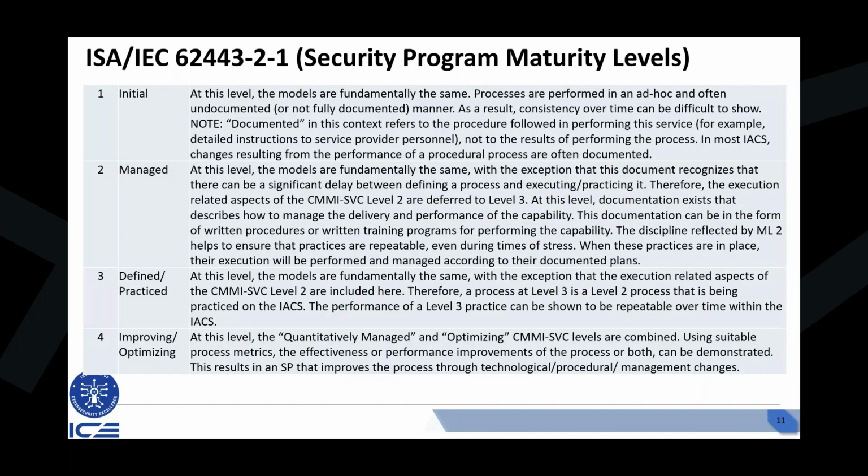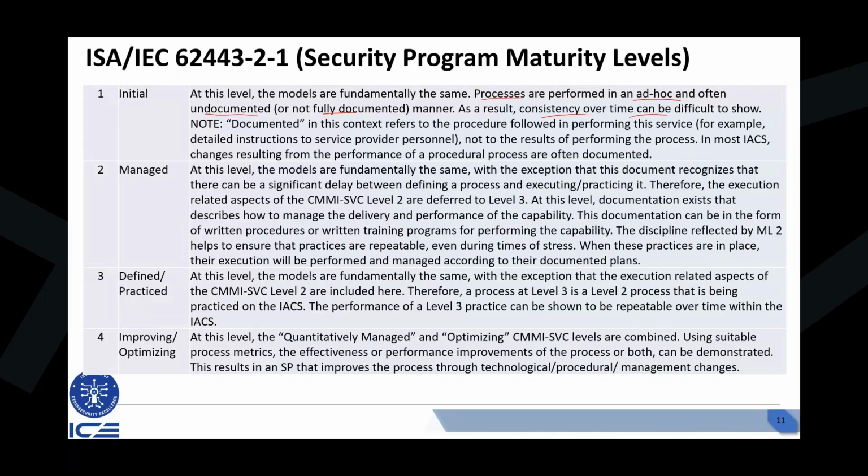Any organization could be in different stages of maturity for different security program requirements. If you perform the security functions or processes in an ad hoc manner, either undocumented or not fully documented, then you don't have consistent implementation over time.